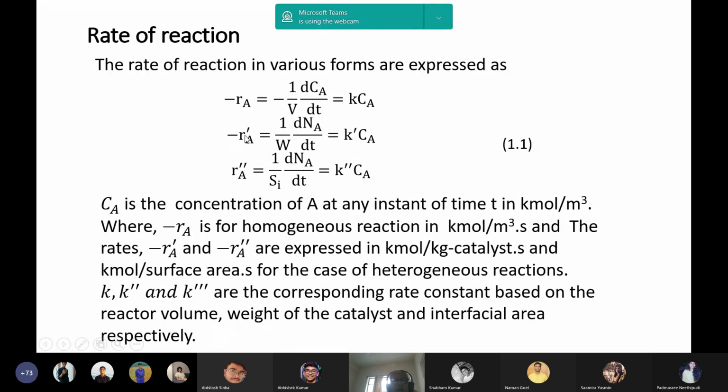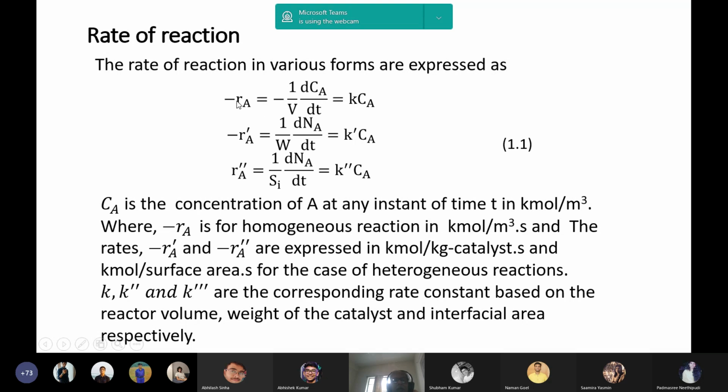Minus RA prime will be used for catalytic rate equation, and RA double prime is used when surface area is involved, that is, S is the interfacial area. Then the corresponding rate constant will be K double prime. Here it is K single prime, simple K.